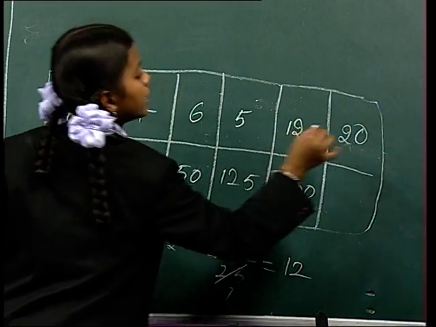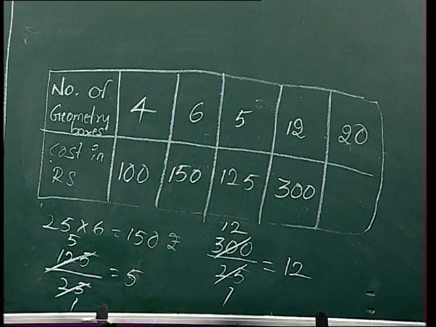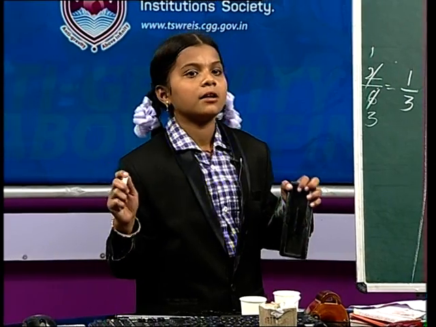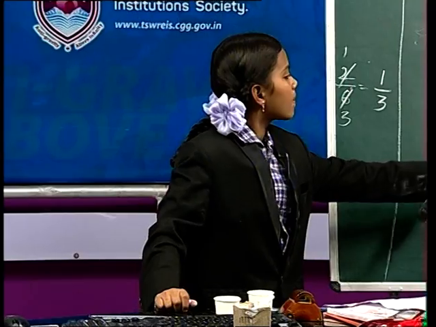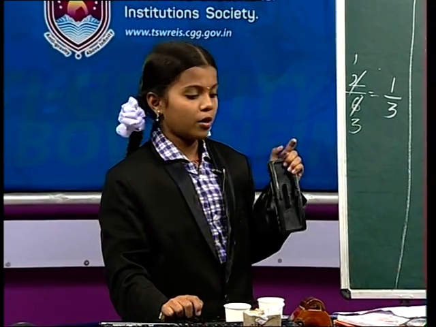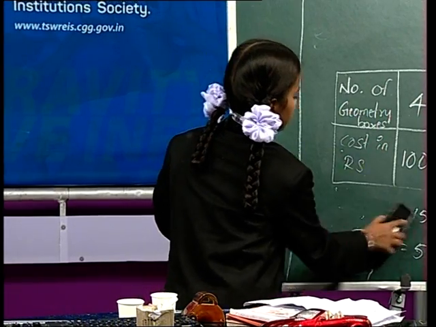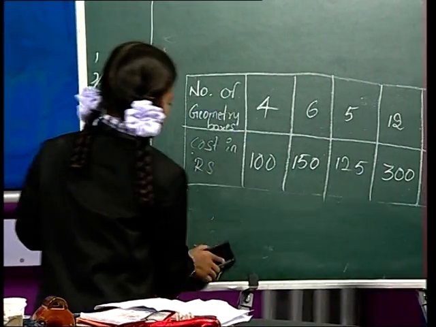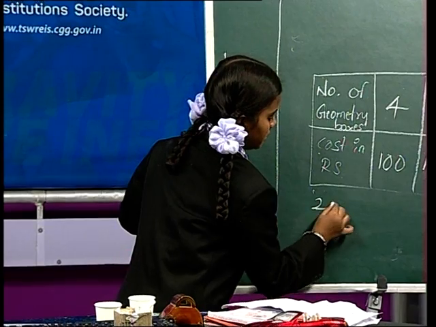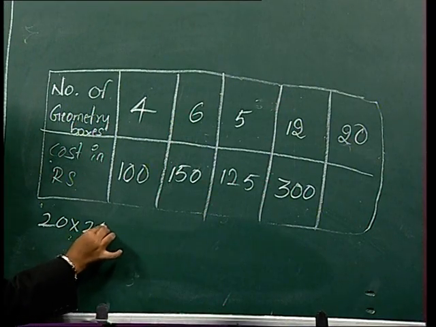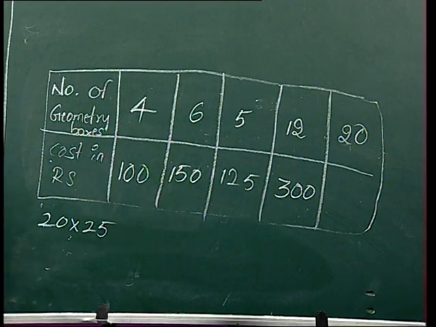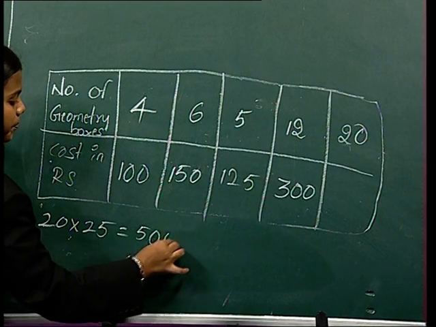Here we take 20 geometry boxes. Then we find the cost of 20 geometry boxes. 20 into 25 is equal to 500 rupees.